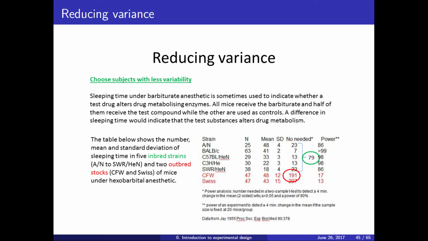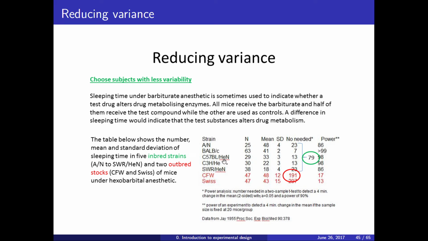If you use some other kind of animals, for instance these outbred stocks, and these are two famous outbred stocks, then the mean values are these ones. The standard deviations are much bigger, meaning that they have a smaller internal validity, and the number of animals to detect this change of 4 minutes is much larger, even much larger than having all these animals in all these strains.